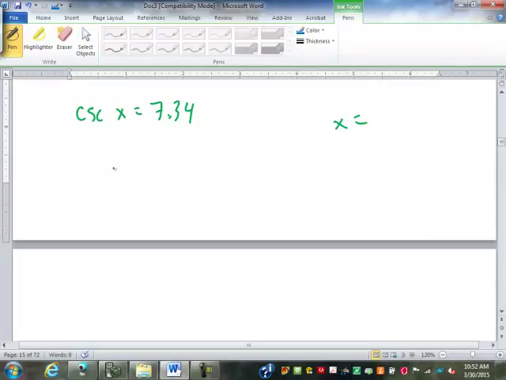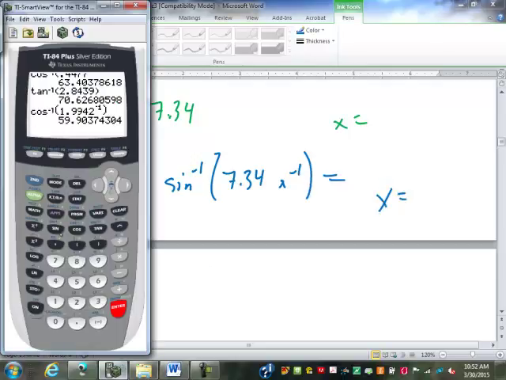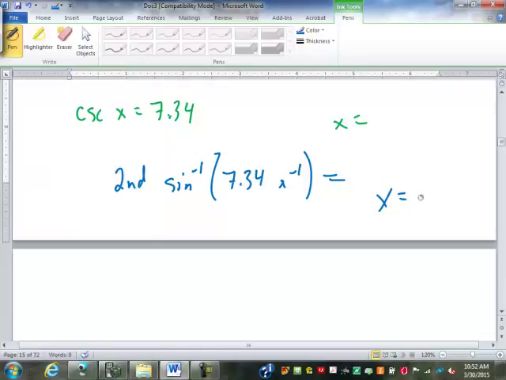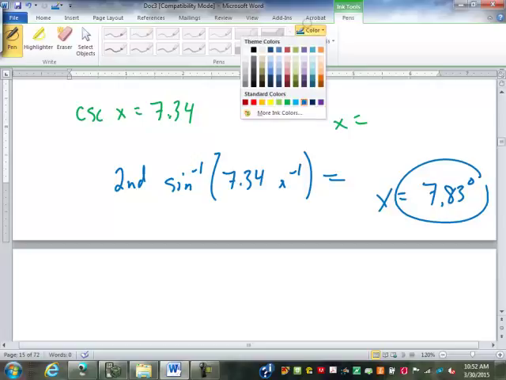So what are we going to do for this? The second sine, because it'll be an inverse sine, 7.34, x negative 1 inside or outside the parentheses? Inside. Very good. Second sine, 7.34, x negative 1, close. 7.83 degrees. Everybody get that? Cool.